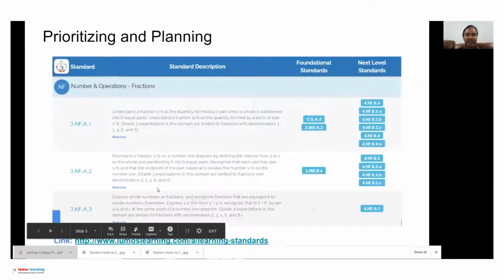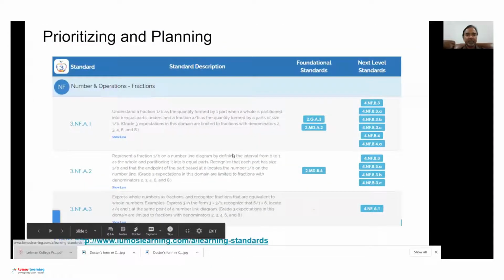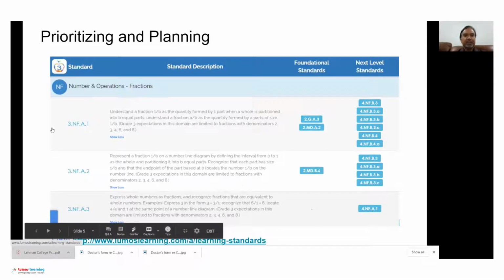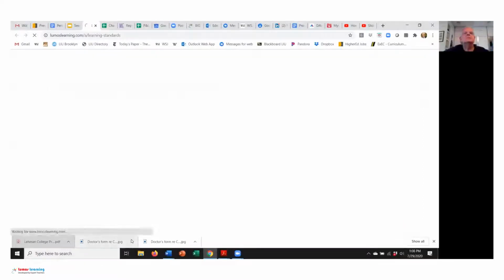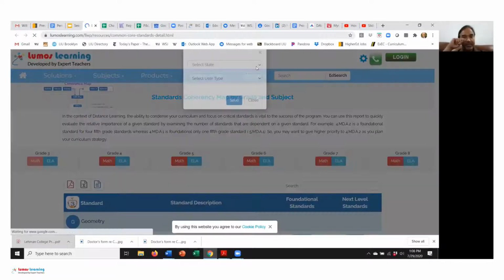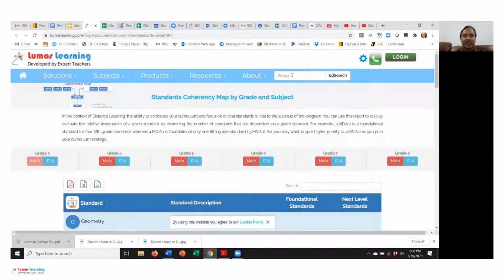Professor, if you could click on the link and let's go to the website. Just click on that image or the link, which is the URL. Excellent. When you first open this page, it asks you to select your state. One second, no. If you could go back and refresh the page, let's select the state, because the standards would be... hit refresh.